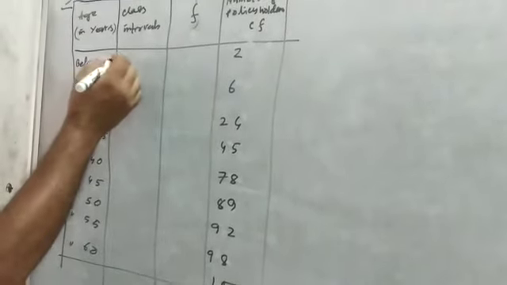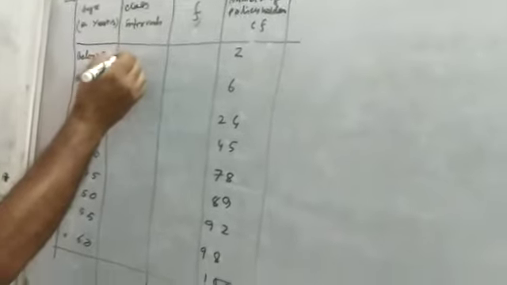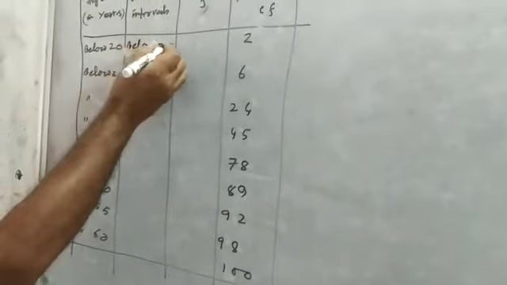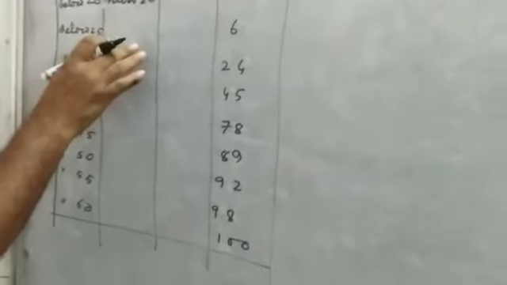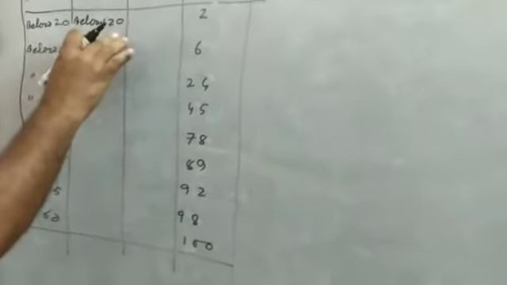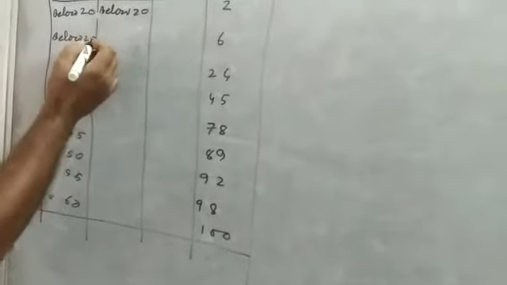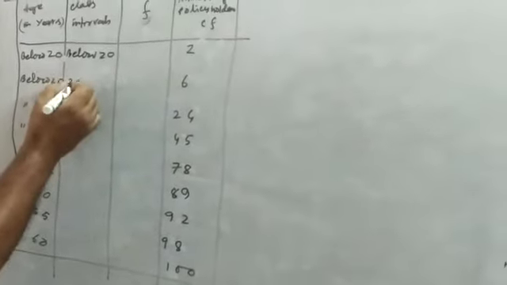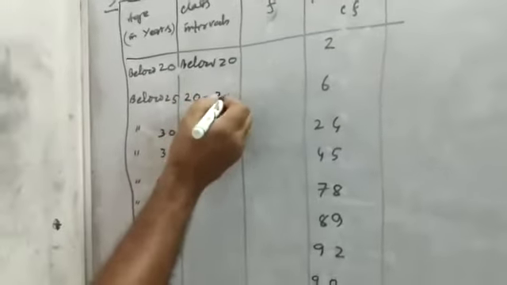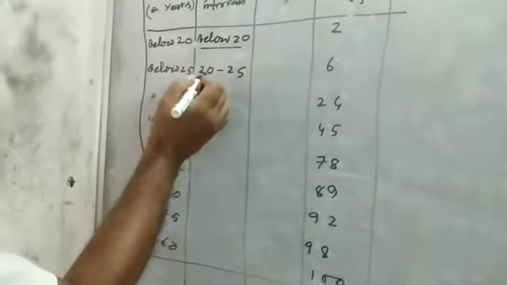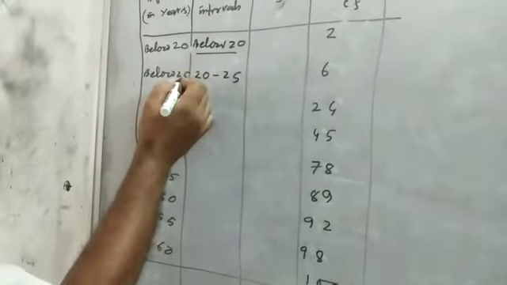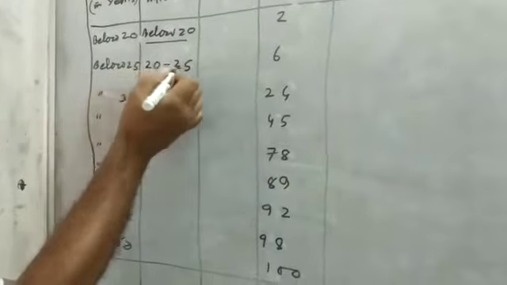Here below 20, the first one we can write as below 20, because you see the minimum age is given as 18. The first class interval is not required to find the median. Then below 25 means the second class interval, 20 to 25, and size is 5.